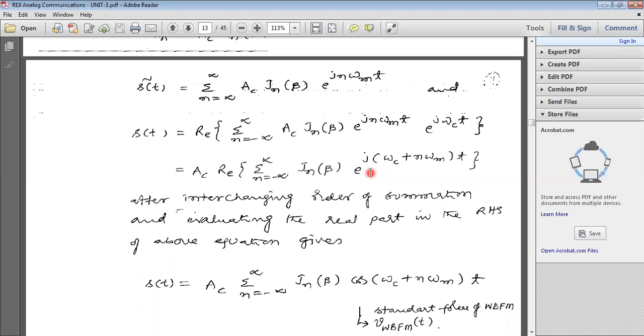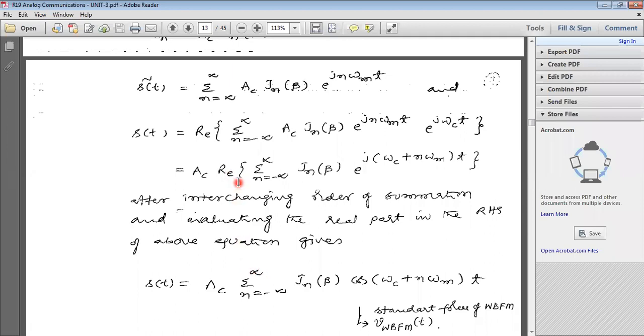So after taking only the real part, the signal becomes. But to calculate a signal, we always consider the real part. There is no imaginary part in signals. Therefore, you consider the real part.